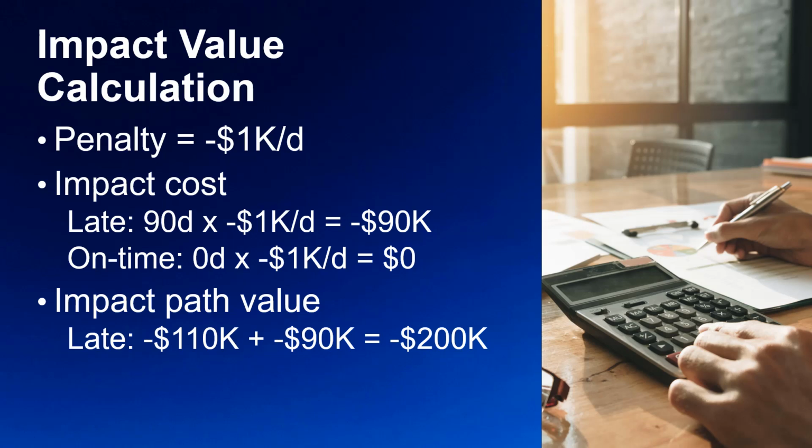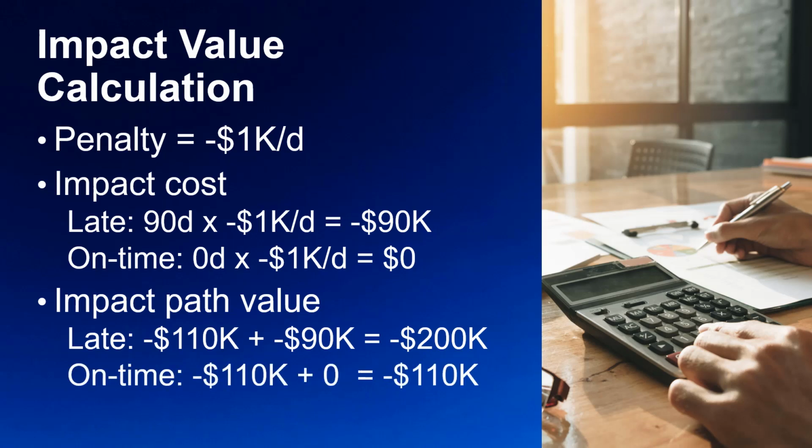So the impact value path for low bid for being late is $200,000 minus. Since there is no impact or expense for being on time, our low bid remains as quoted, which would cost us $110,000. Looking at this, don't you wish you could predict the future so you wouldn't have to do all these calculations?